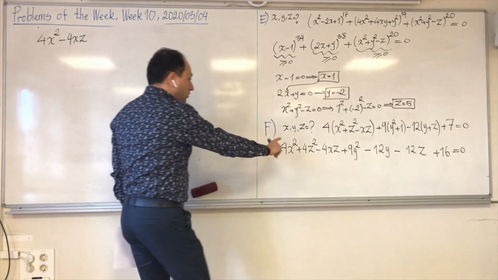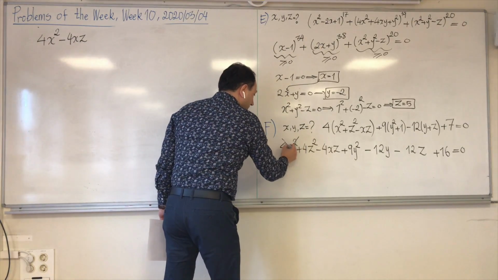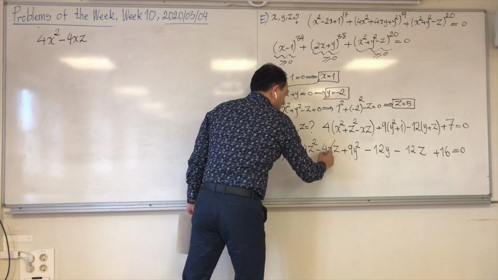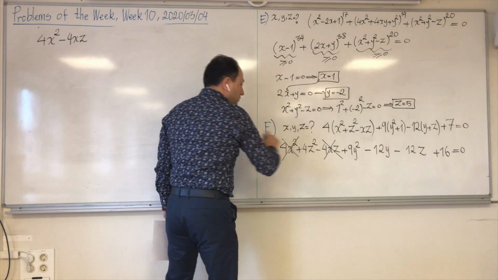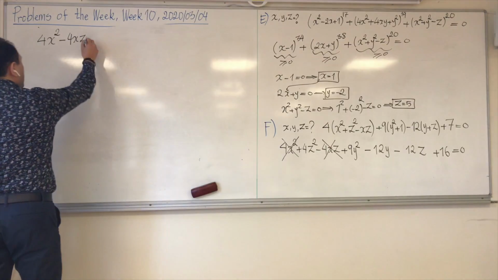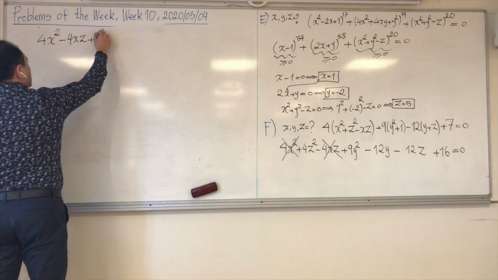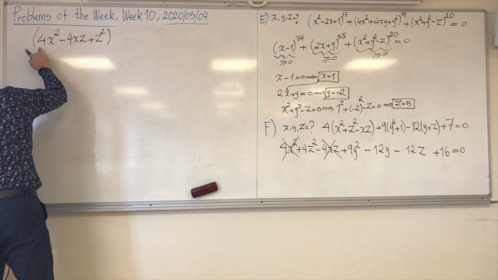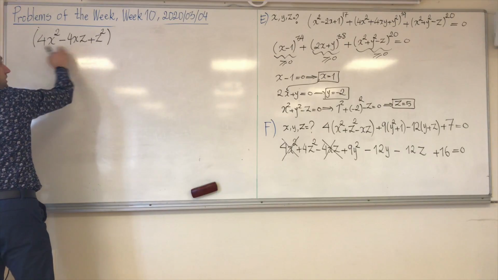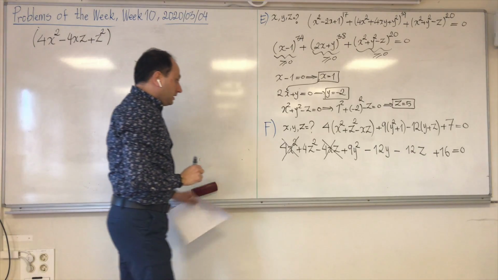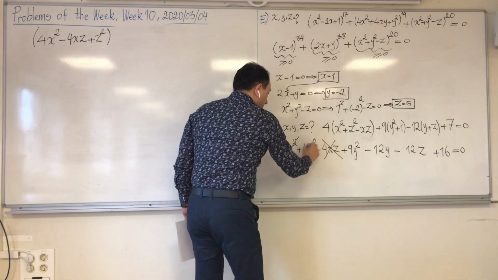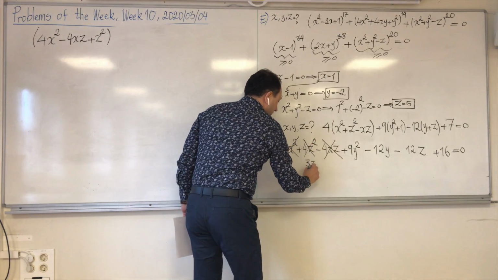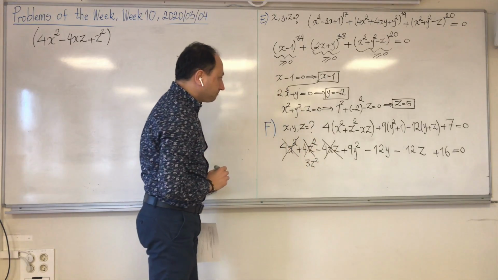Okay, but I already used everything here. I also use that one, but I only use one of them. So let me write z squared here, okay? And this is a complete square, yes? I hope that you can immediately see that. What is left for me? There are 3 z squareds left for me here, okay?